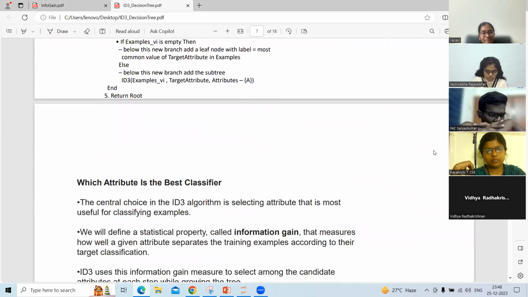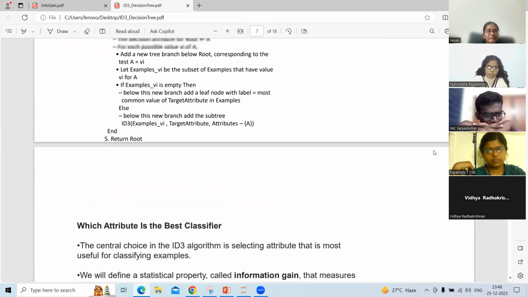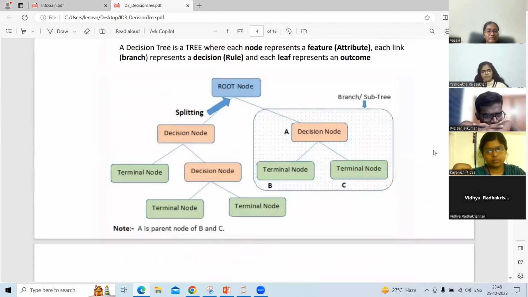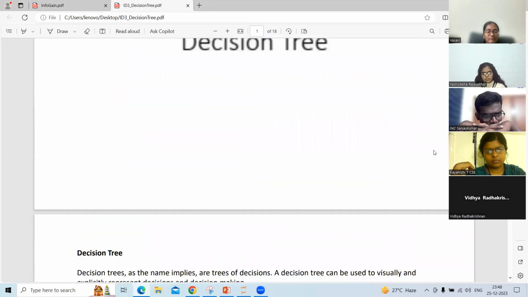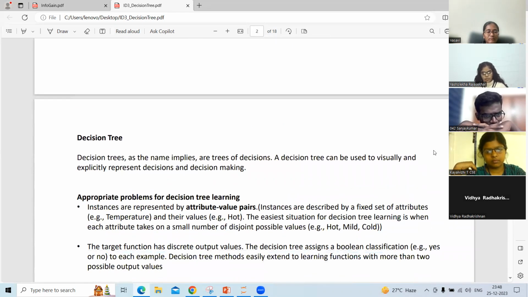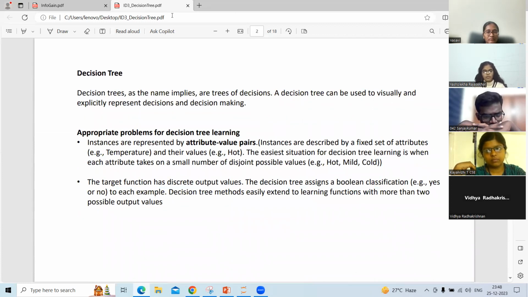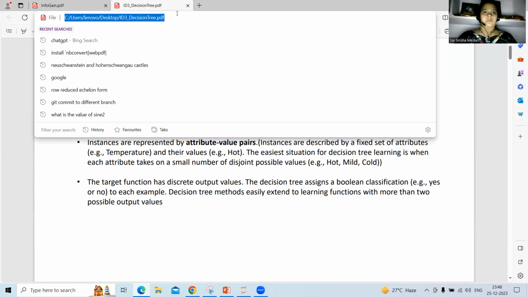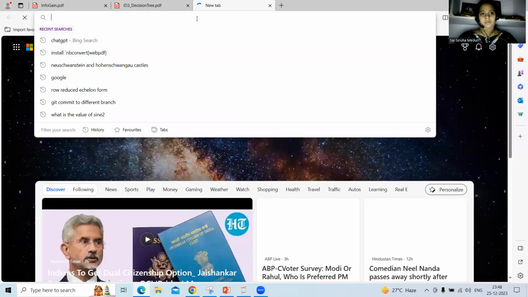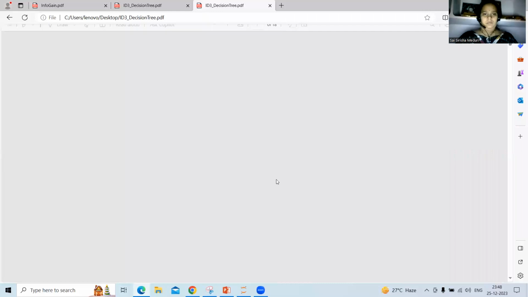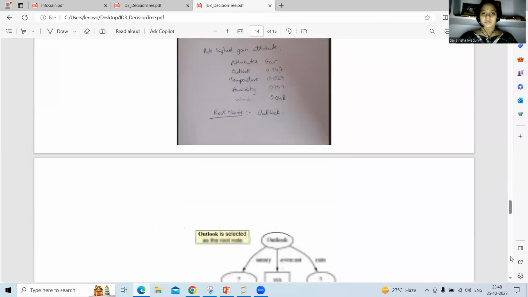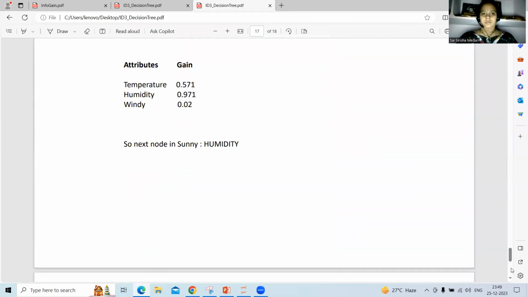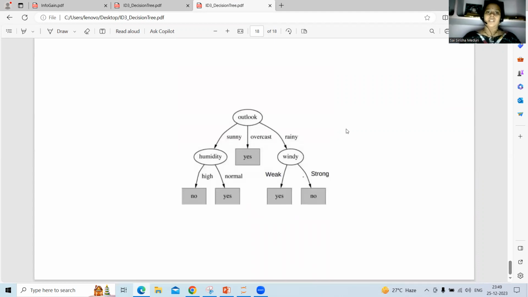Go to the top, start with the presentation that you have, but just show us a decision tree so that people can relate to it, ma'am. Okay. This one we see. Yeah, this is good.